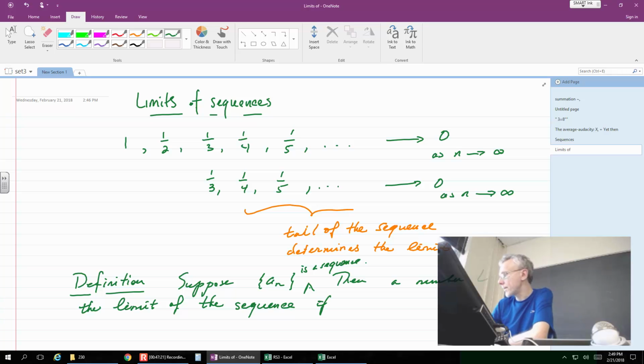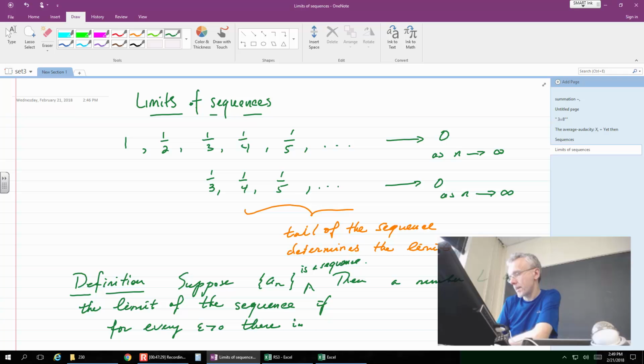if for every epsilon greater than 0 there is an N. That N is the cutting point of our tail.